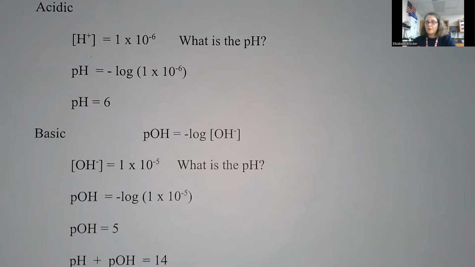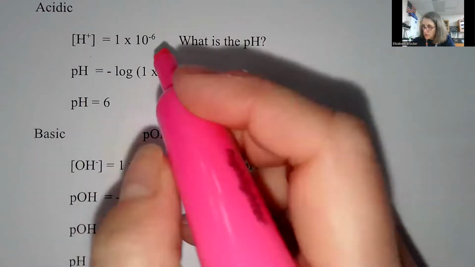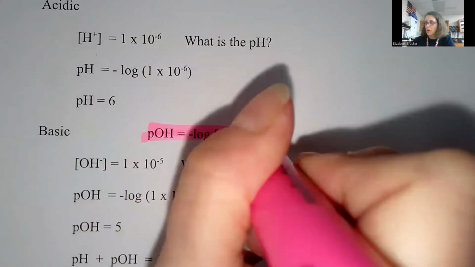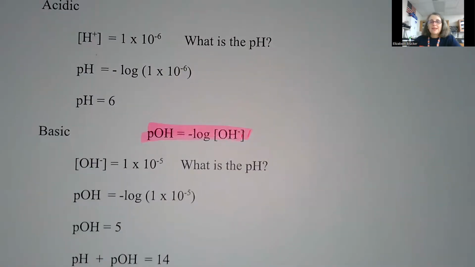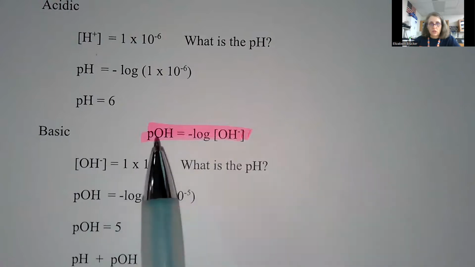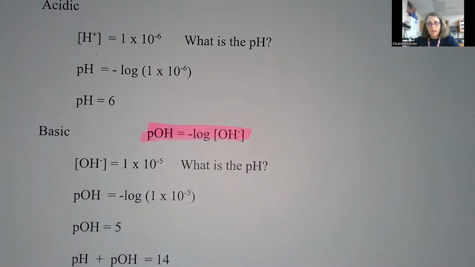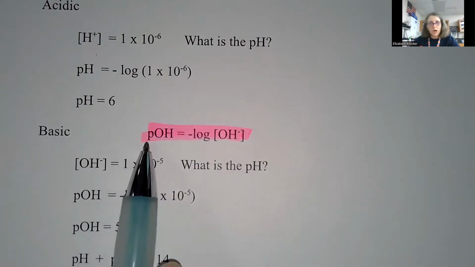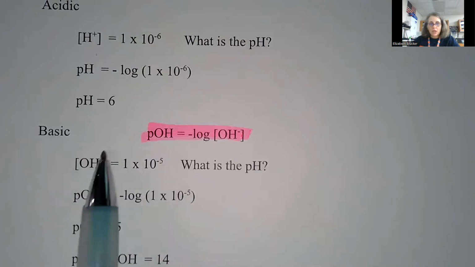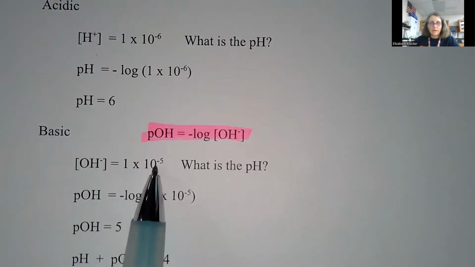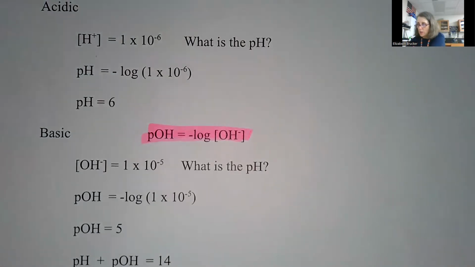We also have OH minus, so we could also do concentrations with OH minus. So I could do the negative log of OH minus concentration. That's called the pOH, p just standing for log. So if I have an OH minus concentration of 10 to the negative 5th, if I take the negative log of it, I get a 5, and that is pOH.